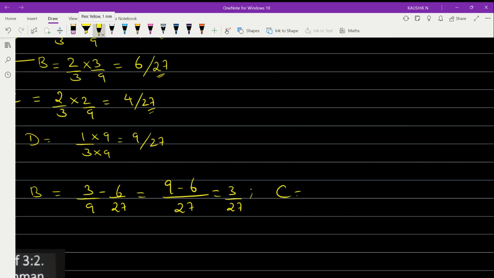Moving on to partner C, the old ratio for partner C was 2 by 9 minus the new ratio for partner C, which was 4 by 27. LCM is 27. 9 threes are 27, 2 threes are 6, minus 4, that is 2 by 27.